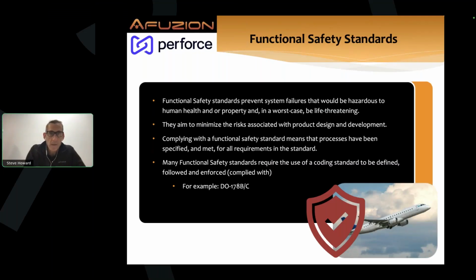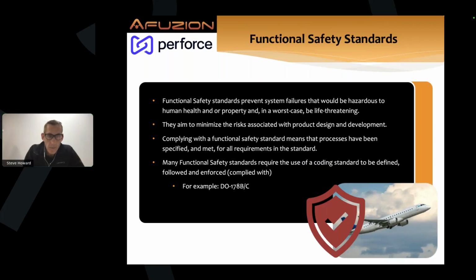So how does this all tie back to functional safety, which is where we started? Well, as Vance pointed out, functional safety standards require a lot of checks of each of those levels as we go up the right-hand side of the V model with respect to the code that's been created at that point of the V model.